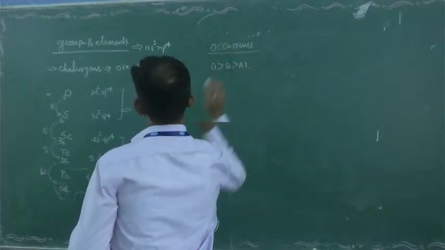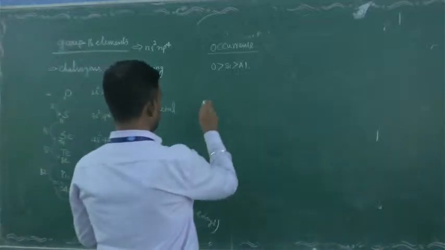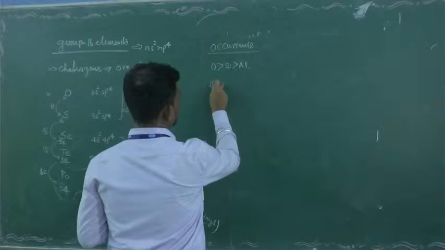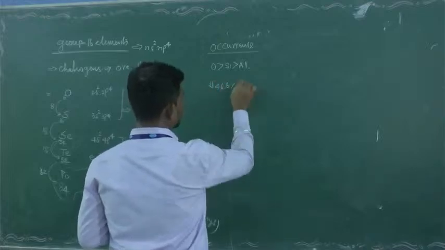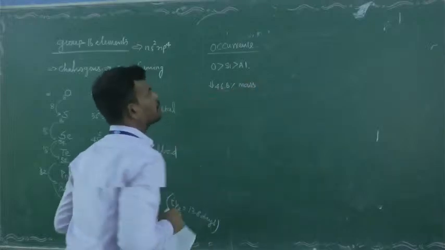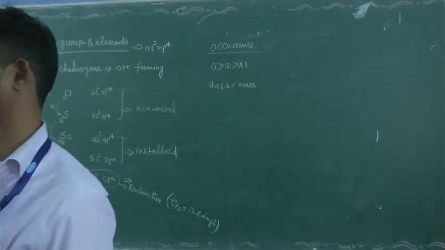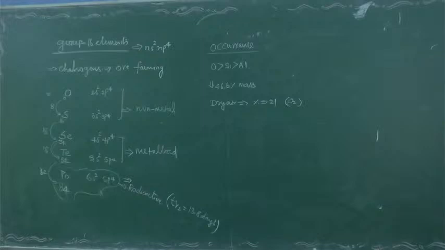Oxygen is the most abundant element in the earth's crust, at 46.6% by mass. Is it clear? So these are the occurrences.